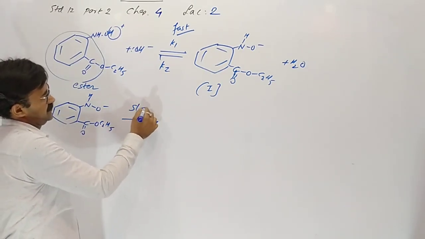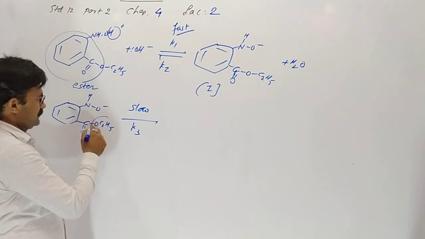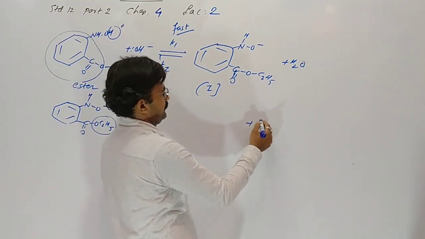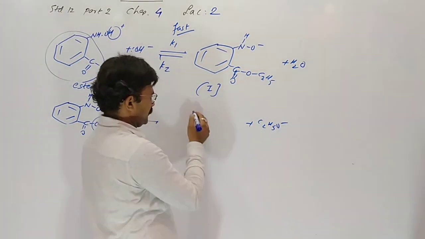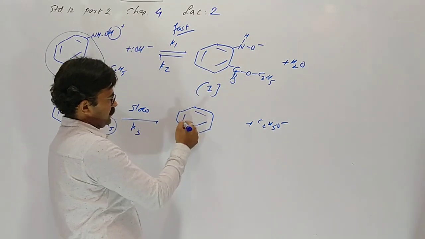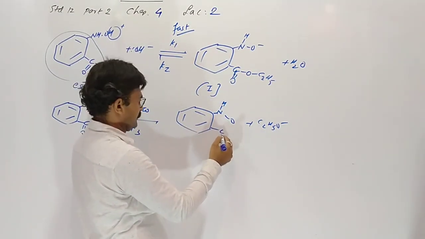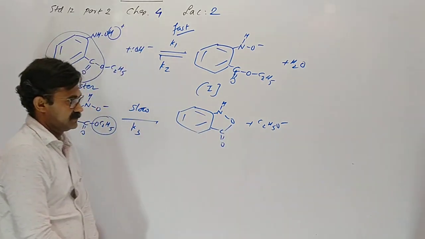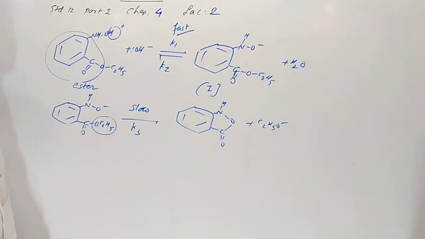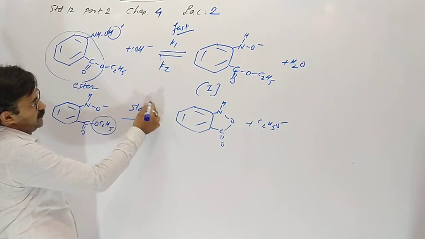This one is slow. Here ethoxide is removed and these two combine with each other. This is our product.